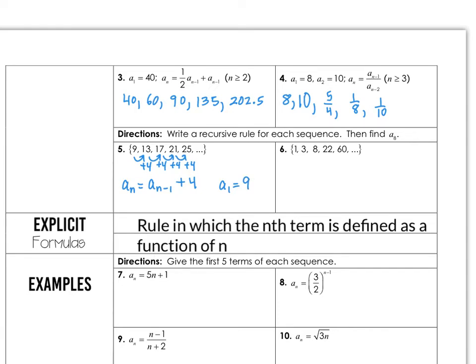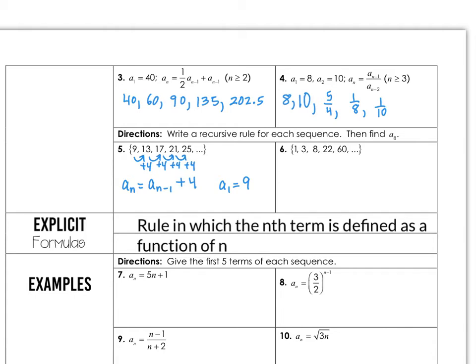Let's see, what is the next one? 1, 3, 8. Those aren't adding the same thing each time, so that's not going to work. Now this one is a trickier one, and sometimes you don't see it right away and it takes a while to figure out. Sometimes it just takes where you do enough of them till you start to see them.